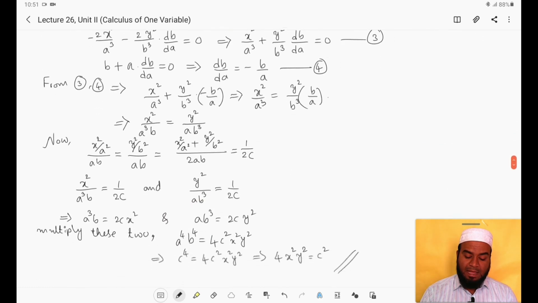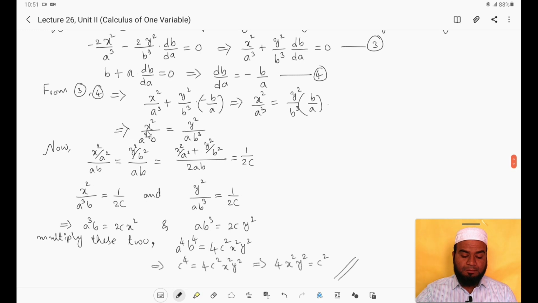Now this can be written as x square by a square by ab, and here y square by b square by ab. Now x square by a square plus y square by b square, this will give me 1, and ab into ab, ab will give us 2ab. I am adding the numerators and denominators. We can do this. If you want the explanation, you can see the previous problem, right?